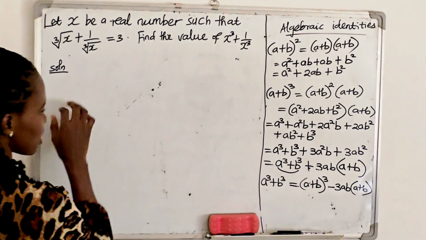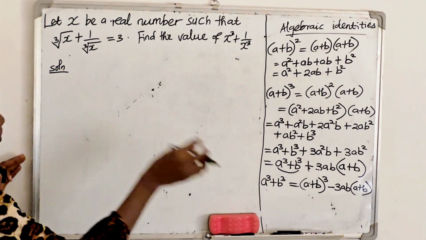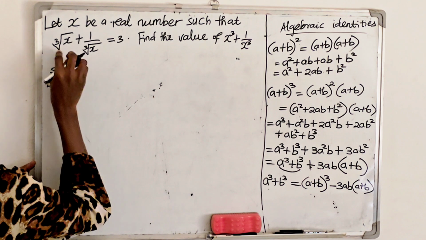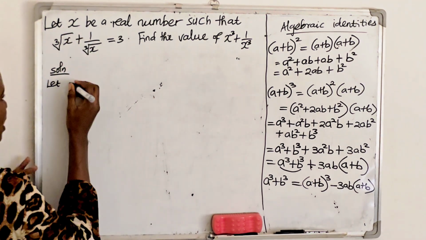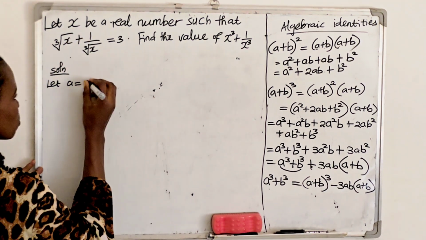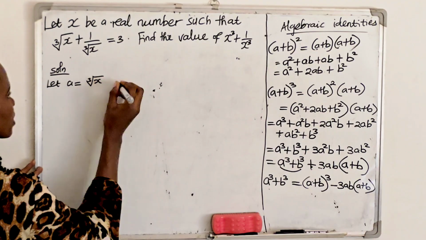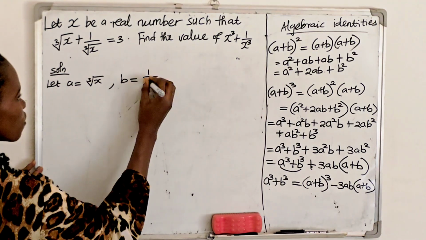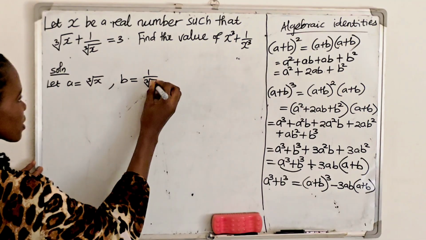So now we'll start. Let's go to the question. Using this identity, I have this plus this, so let A be equal to cube root of x, and let B be equal to 1 over cube root of x.